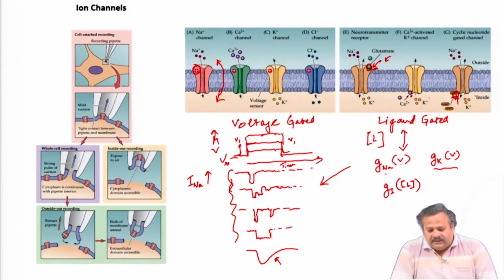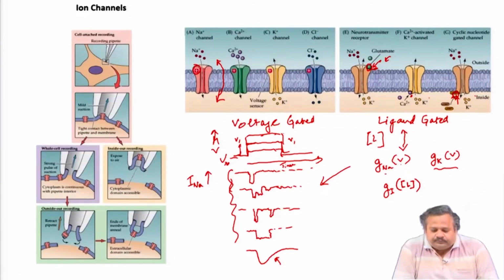The other thing is that there are two types, voltage gated and ligand gated. The voltage gated ones are going to be important in our discussions of spiking, and the ligand gated ones are going to be important in the case of neurotransmitter receptors, in synapses where we have current injection into the postsynaptic neuron.